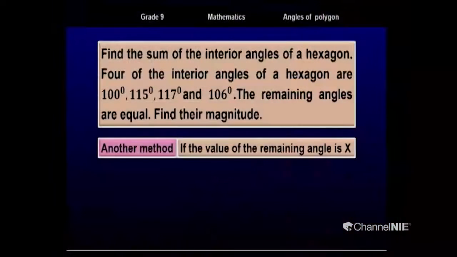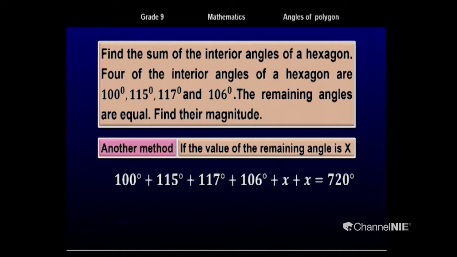If the value of the remaining angle is x, you can write the equation like this. 100 plus 115 plus 117 plus 106 plus 2x equals the sum of the interior angles of this hexagon, 720. Then you know 2x plus 438 equals 720.